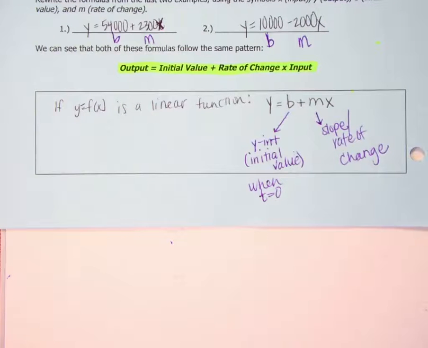It makes more sense if we talk about that initial value where we start when t is 0 and then add in the rate of change. Now, with that being said, if you write it y equals mx plus b, no, I'm not going to take off, but just understand why it's different here. Okay? Yeah?